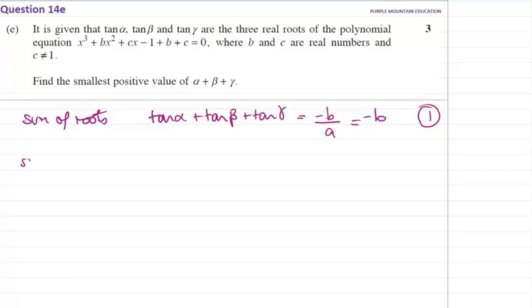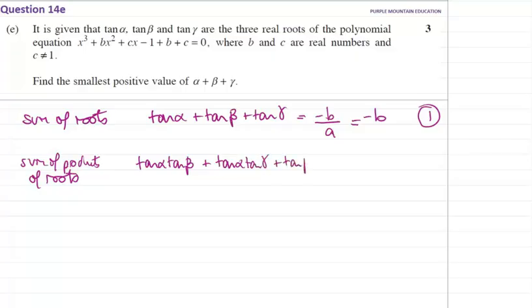Let's look at our sum of products of roots. So tan alpha tan beta plus tan alpha tan gamma plus tan beta tan gamma equals c on a, which equals c. Call that equation 2. And let's do our product of roots.